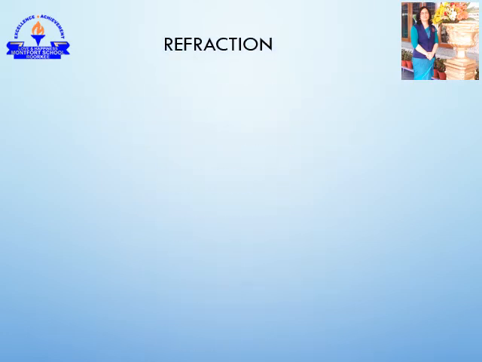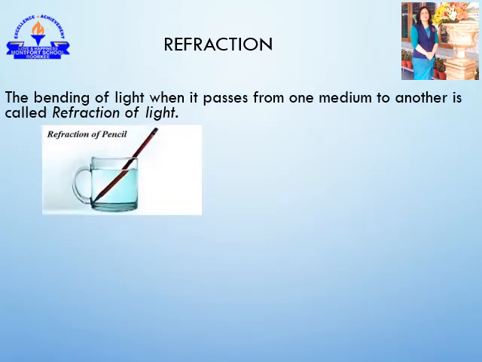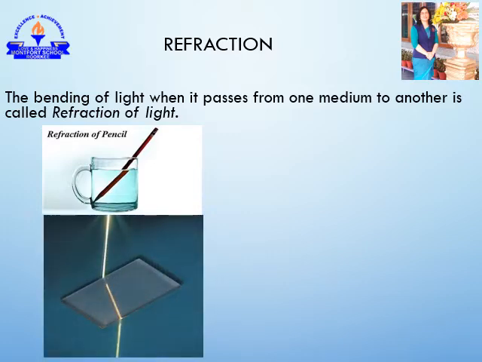Yes, dear students, we are going to start with refraction of light. Here you can see a few examples. One example is a clean glass cup filled with water, and a pencil is dipped inside that glass. Now you can see that at the interface the pencil seems to be slightly bent.